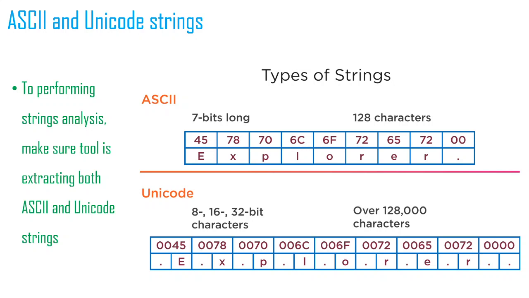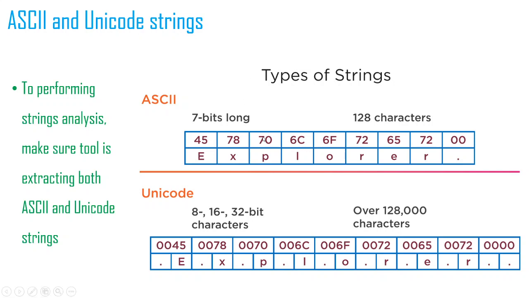In Unicode strings, the length of a character is 8, 16 or 32 bits, and we can create over 128,000 characters from Unicode strings.